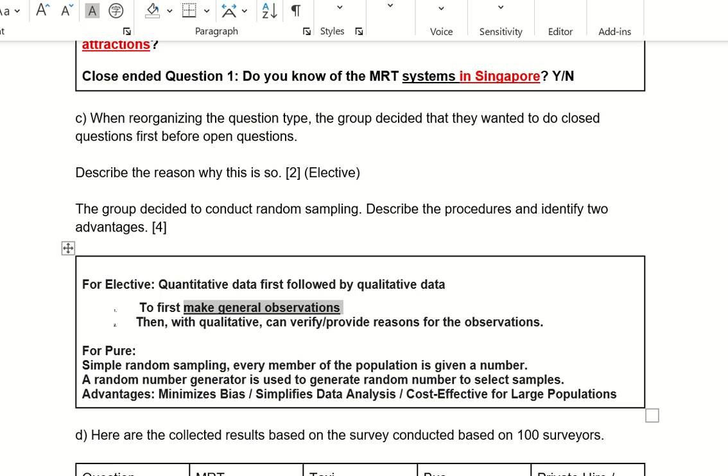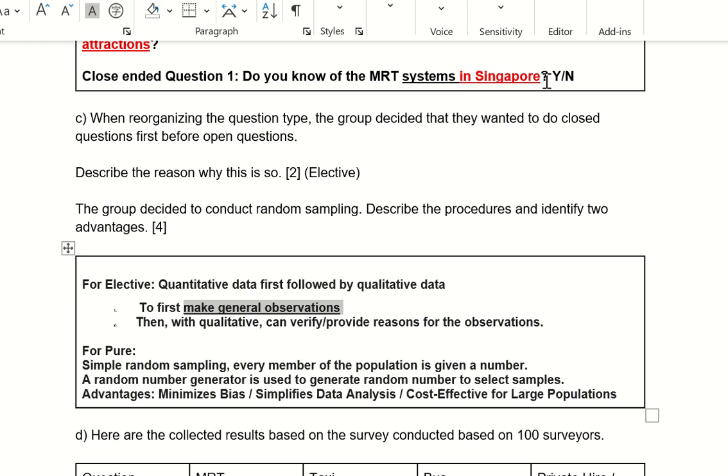I want to see what the general trend is first before I ask the why question. Why is the general trend like this? Why is the trend going down? Why is the trend going up? One example I put here: do you know of the MRT system in Singapore? Maybe 50%, 60% say no, 40% say yes. So I know the trend is negative. Then that is making a general trend.